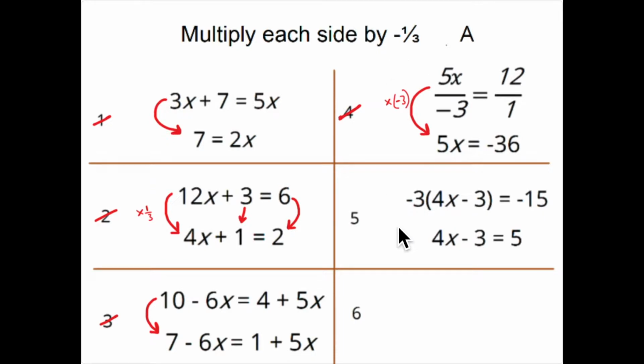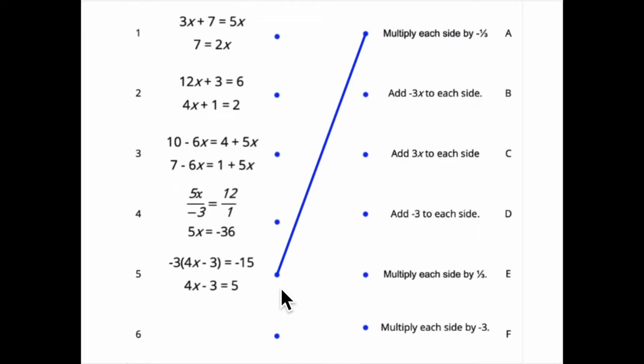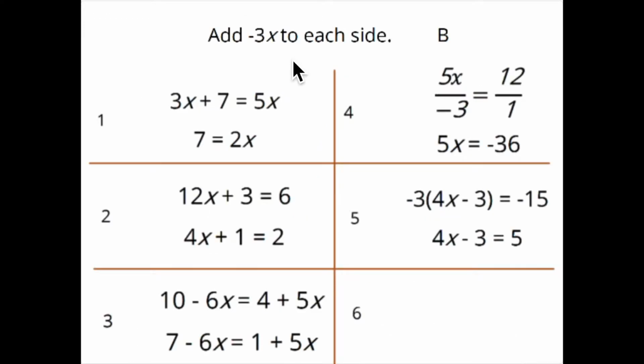So the last possibility, 5, is the answer actually. So negative 3 times a negative 1/3 becomes 1, so it gets rid of this negative 3 as a factor. So you're left with 4x minus 3, and 15 times a negative 1/3 equals 5. So A matches 5.